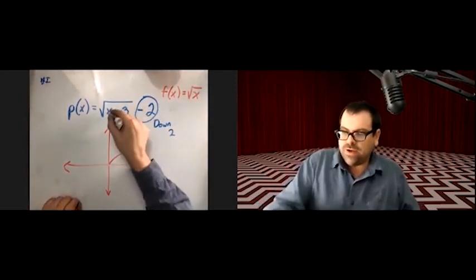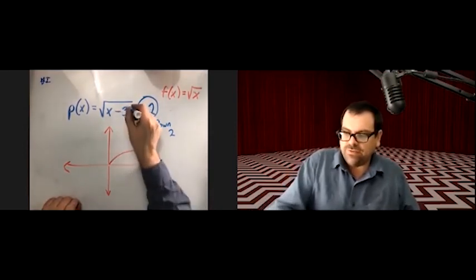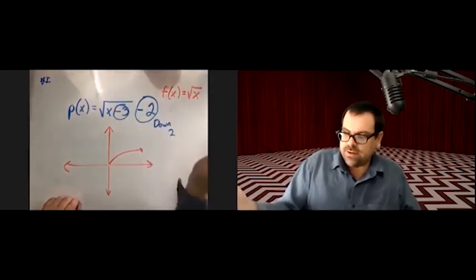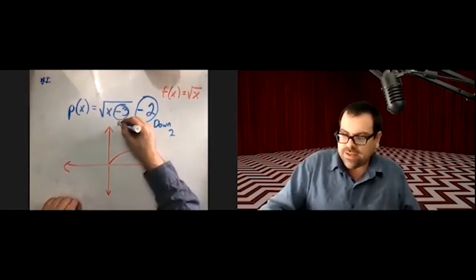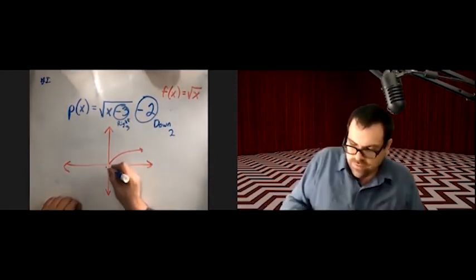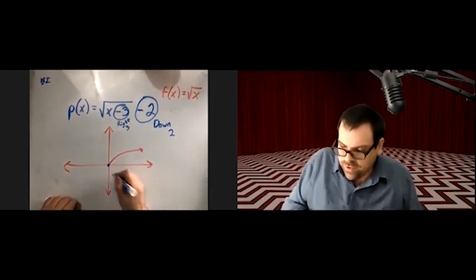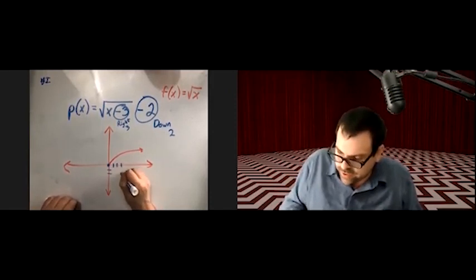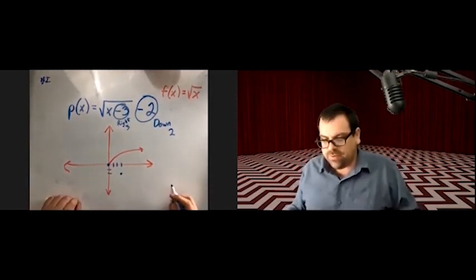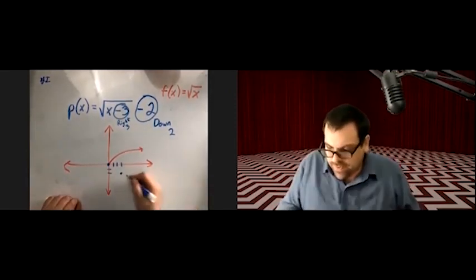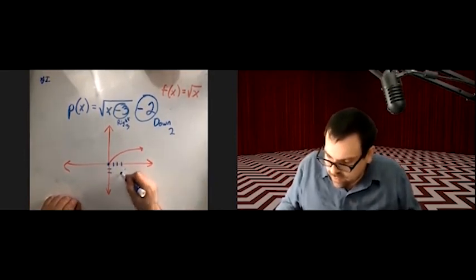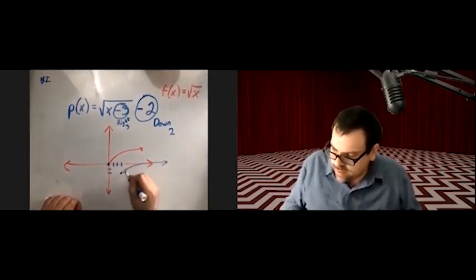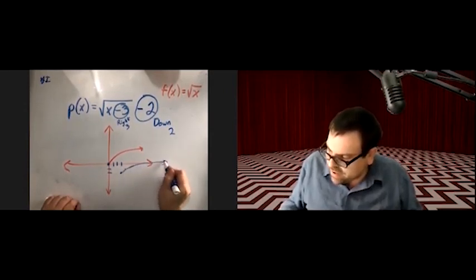This minus 3 on the inside that's just subtracted from the x, that's telling us to go right 3. So from the starting point, we go down 2, we go right 1, 2, 3, and there's our new starting point. Then up 1 over 1, and then all the same count overs as the parent graph.